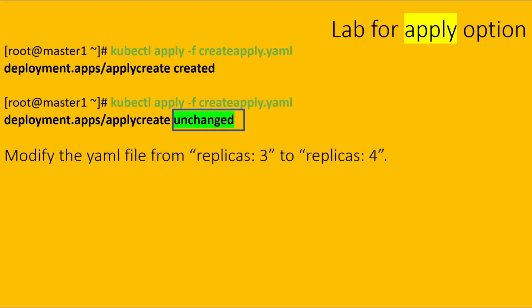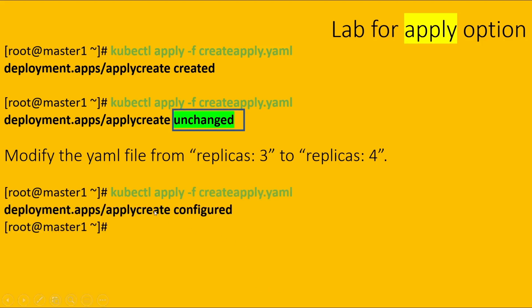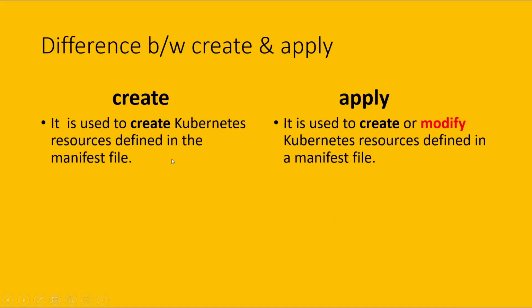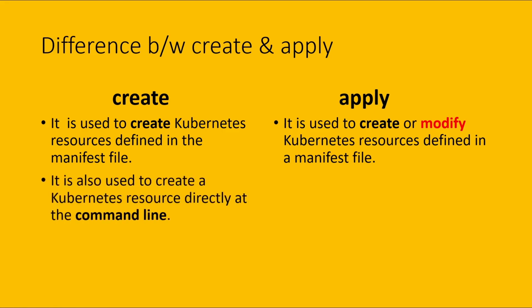Now modify the YAML file from replica 3 to 4. If I change my YAML file and execute the same command, I will get the message "configured". This time it says configured, and last time it said created. So now I hope the first point is clear: where we use create and where we can use the apply option.